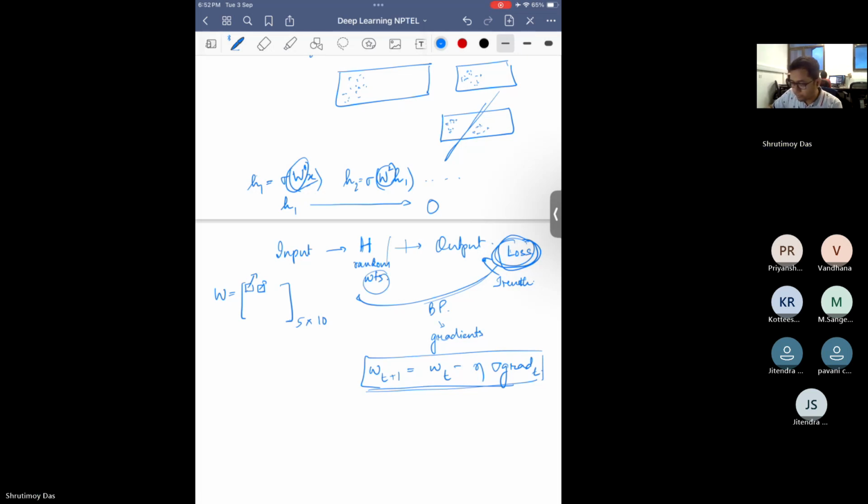It will keep on giving you good outputs, in the sense that loss will decrease. So this weight updation is clear, right? How gradient descent helps, how back propagation helps.